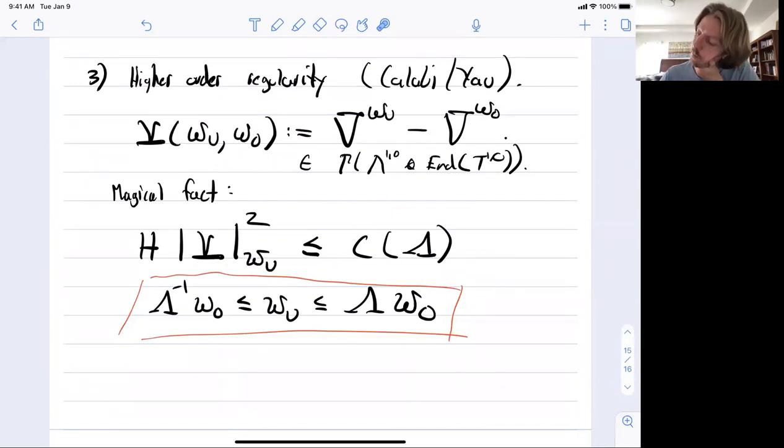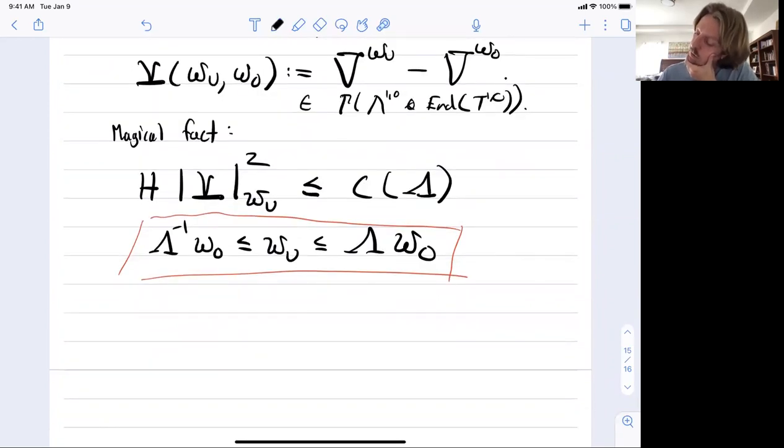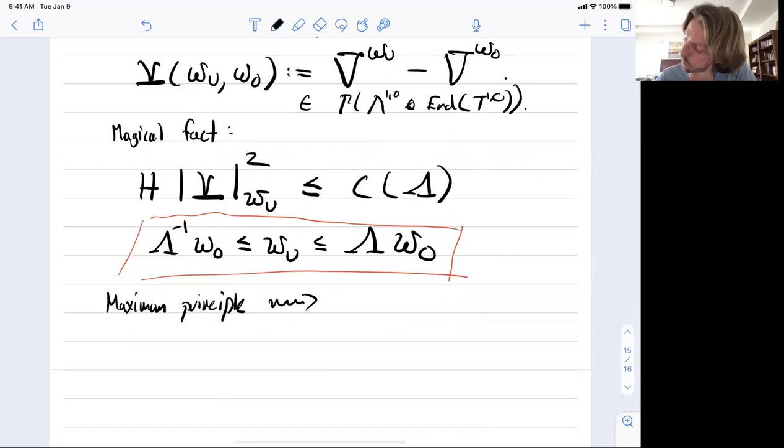Despite this term on the right-hand side, it's easy to apply a few maximum principle tricks to show that the supremum over space and time of the magnitude of epsilon is uniformly bounded above.